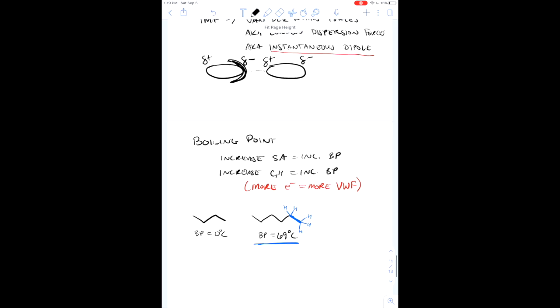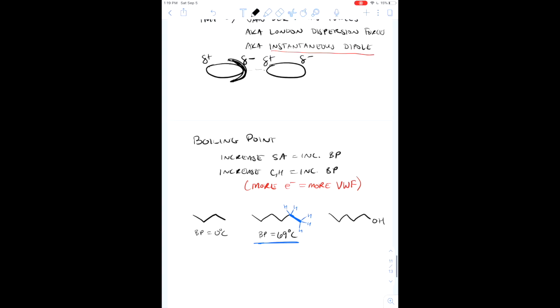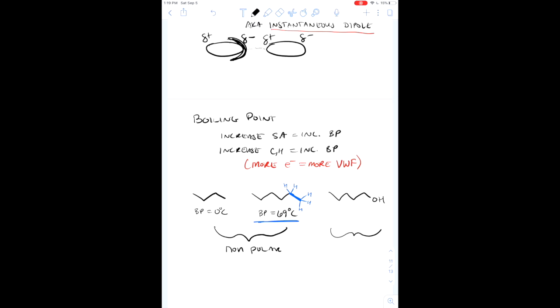Okay, and if we're talking about intermolecular forces, we can compare just to a polar compound. Remember, these guys are non-polar. Okay, obviously this guy is polar, and so generally polar compounds are just going to have a higher boiling point because they have more intermolecular forces. They're going to have hydrogen bonding or dipole-dipole, as well as, since they contain electrons, they are also going to have those London dispersion forces or those instantaneous dipole.